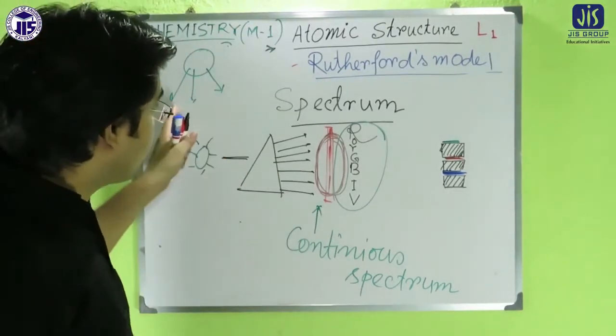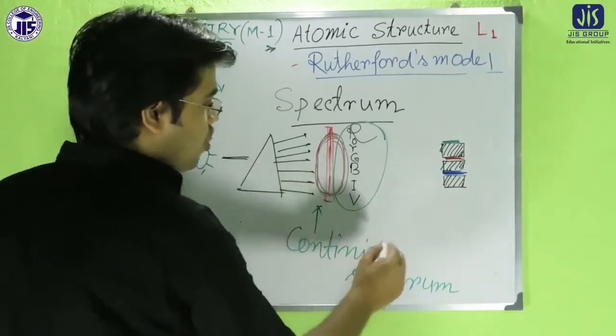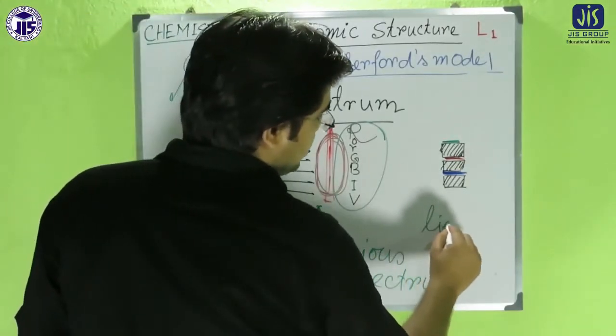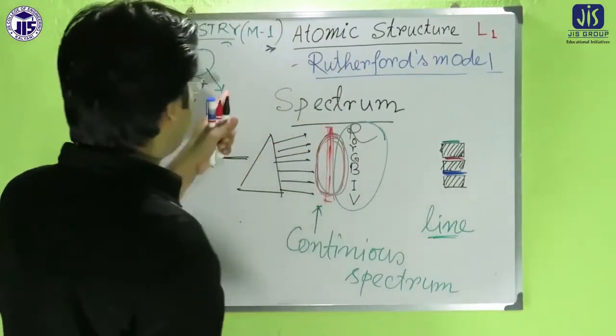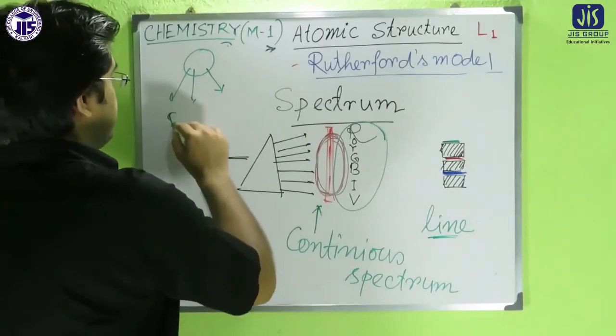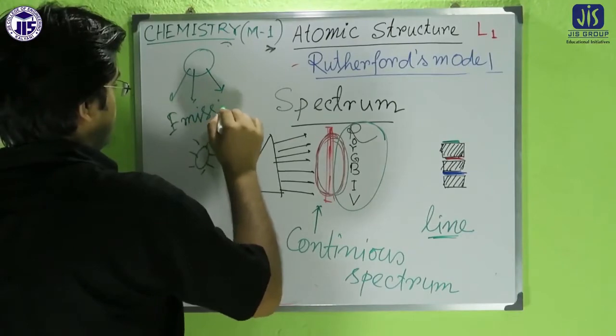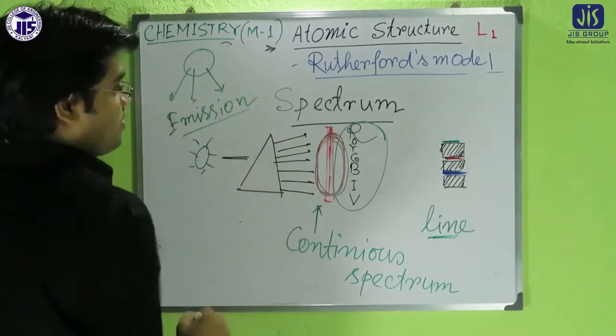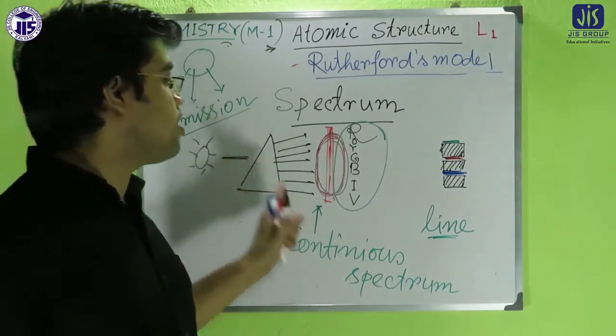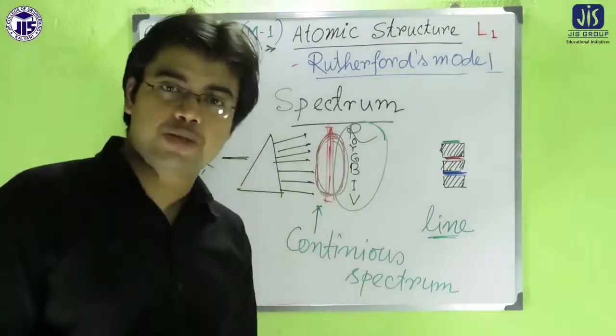Both the continuous and the line spectrum are in the category of emission spectra.